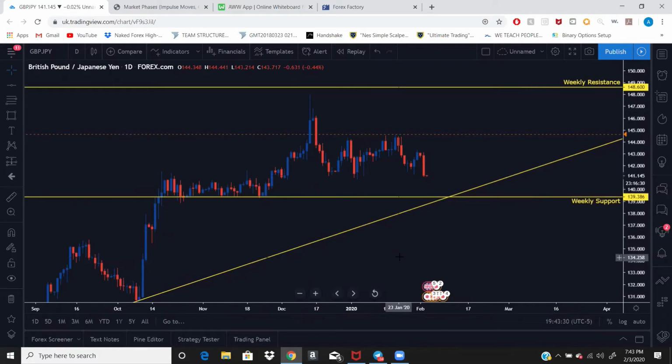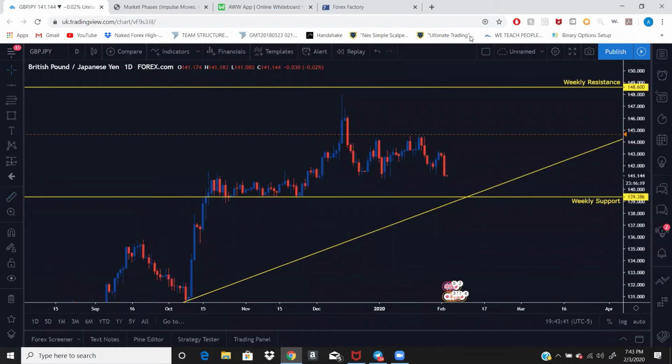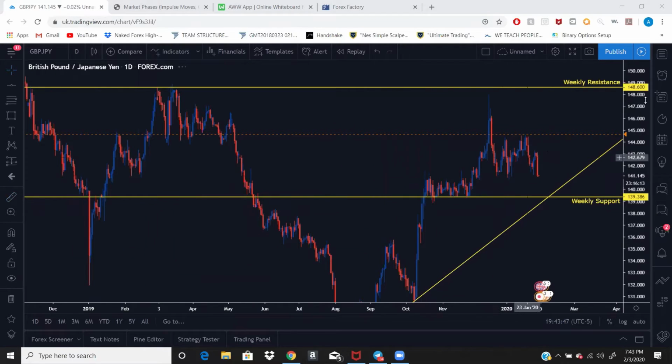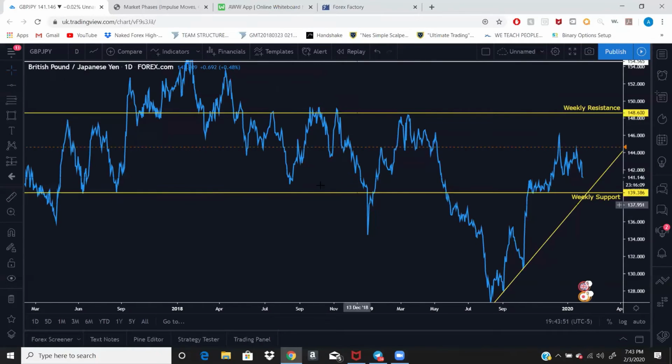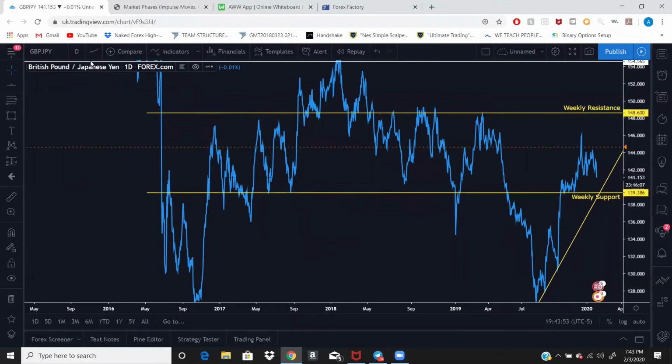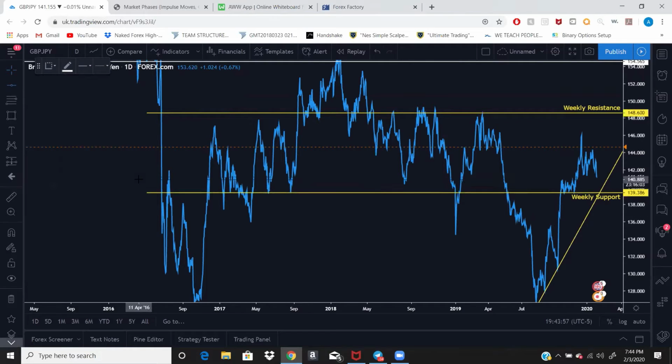So on this pair, I expect another 170 pip drop on GJ before looking at the buy. Yeah, we can make a statement maybe. Let's see. Daily support. Not really.